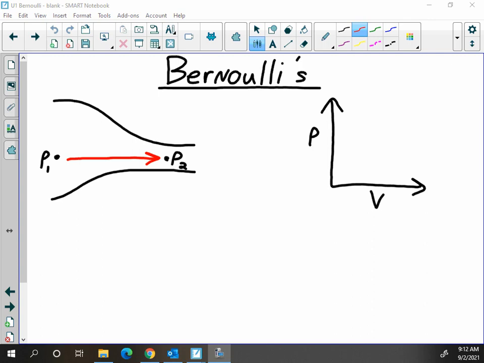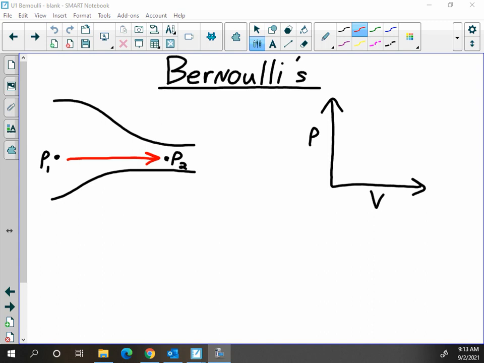That says we can't what? That's right, create or destroy energy. So what Bernoulli's really did was take the law of conservation of energy and just apply it to fluids, moving fluids. And he got a law named after, or principle, or whatever you want to call it. Okay? So that's what this is going to be about.